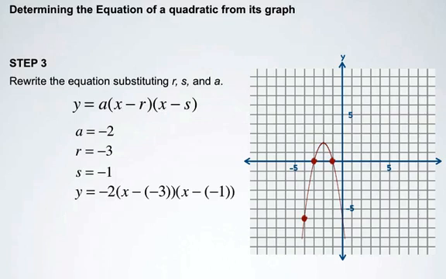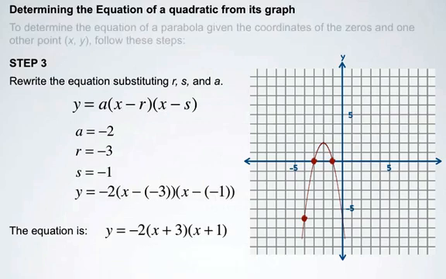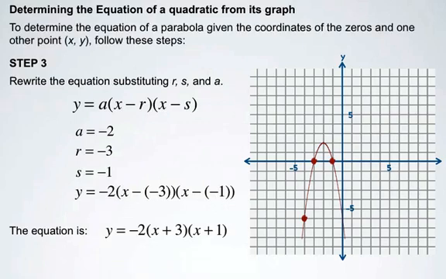Therefore, y is equal to -2 times, in brackets, x minus -3 times, in brackets, x minus -1. Therefore, the equation is simplified into y equals -2 times, in brackets, x plus 3 times x plus 1, in brackets.